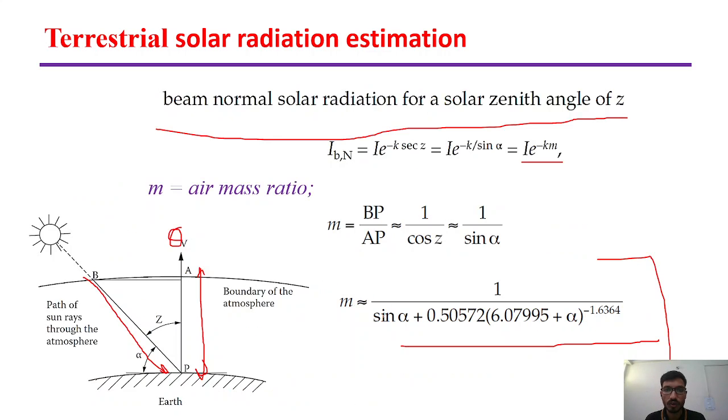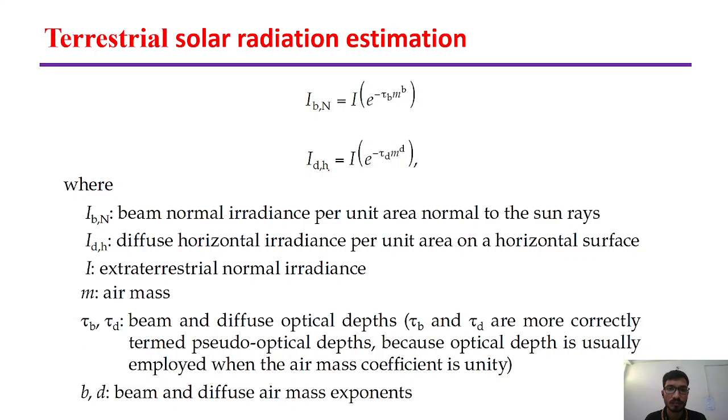Once we know the value for IBN, the beam normal solar radiation, it can be calculated based on the beam and diffuse optical depths tau b and tau d, and IDH is the diffuse horizontal irradiance per unit area on a horizontal surface.